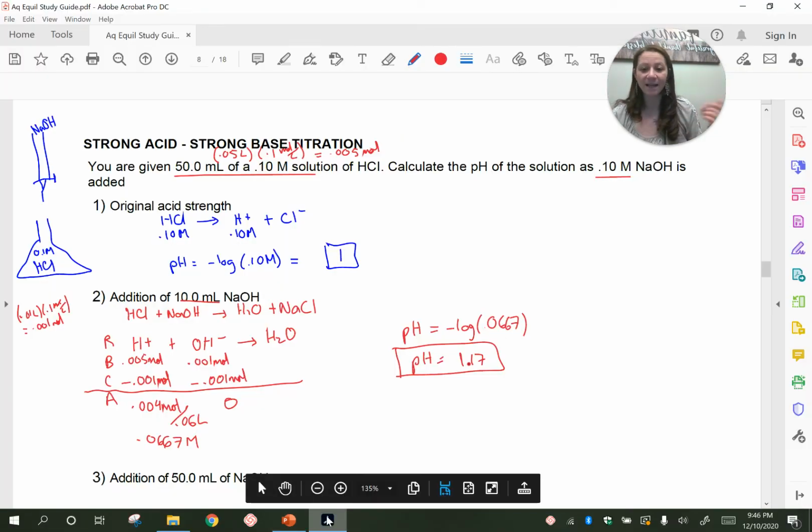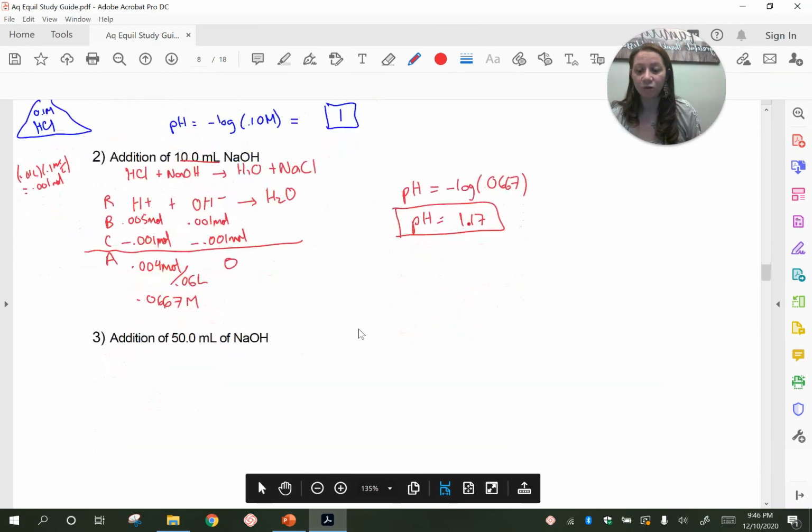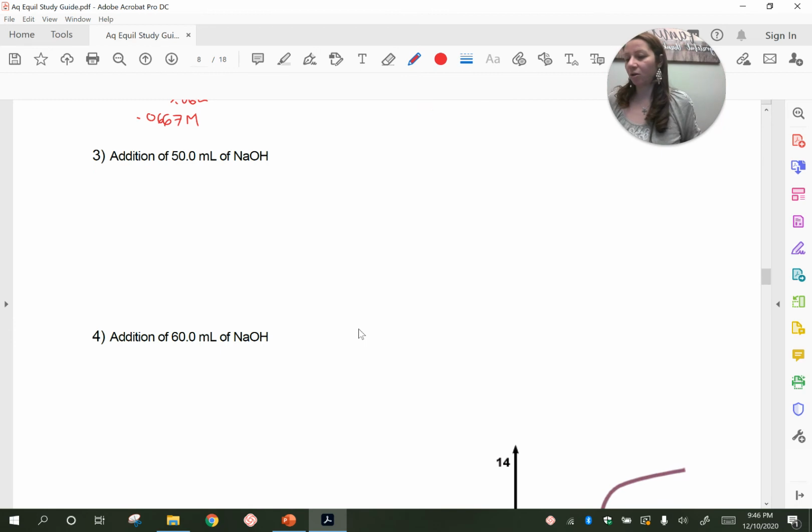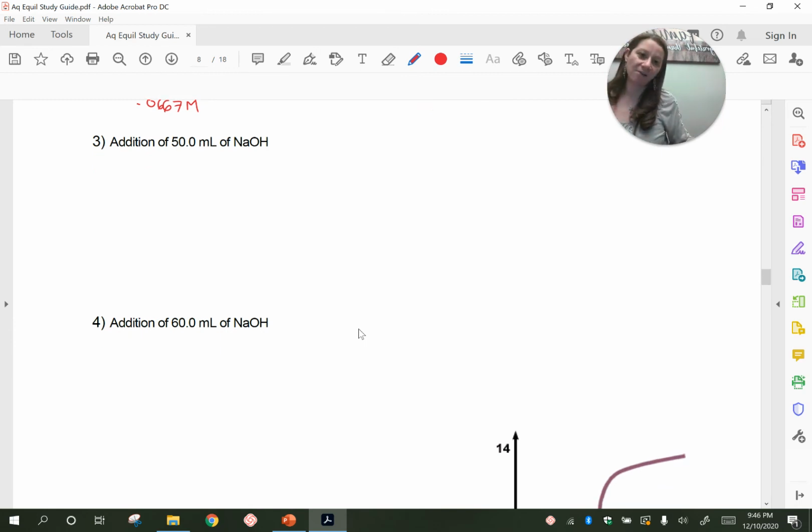Okay, let's look at adding some more NaOH. So now I'm going to add 50 milliliters of NaOH. So when I have an acid and a base in a titration, I'm going to write the equation for my reaction here. So again, same thing as we did before, we're going to do H plus plus OH minus yields water, 1 arrow.